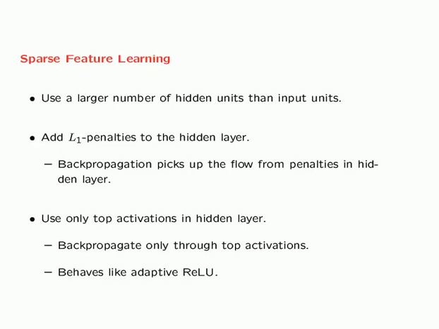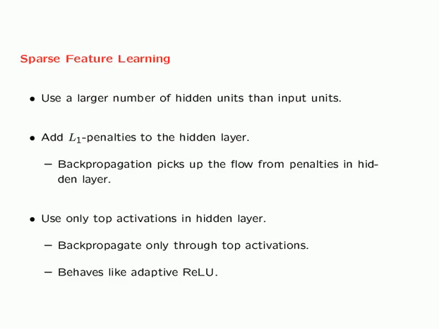As we discussed earlier, L1 penalties tend to encourage sparse activation. The changes to the backpropagation algorithm are quite modest: you just have to add the additional effect of the L1 penalty. So the backpropagation algorithm proceeds as usual, except that it picks up the flow from the penalties from the hidden layer during the propagation.